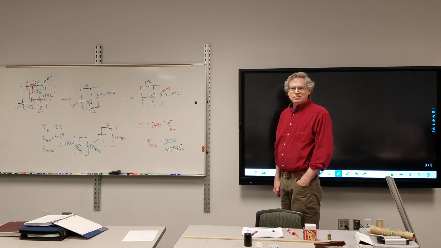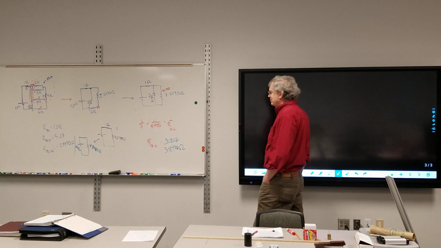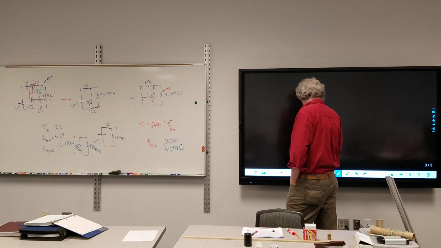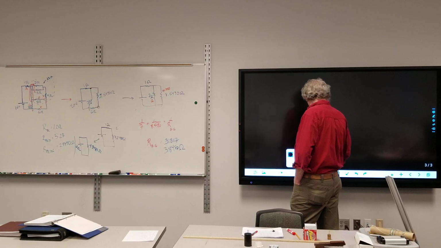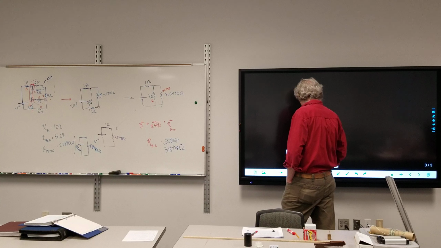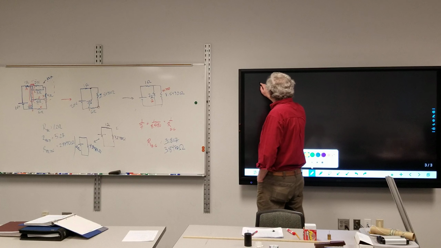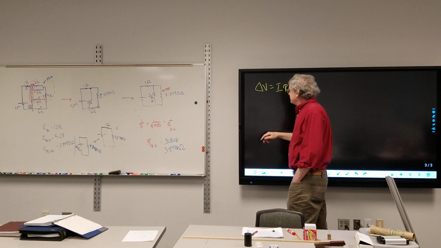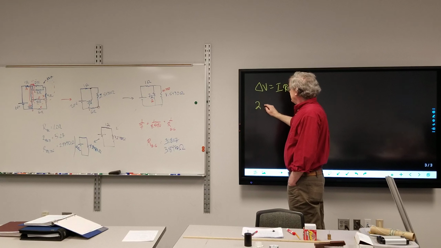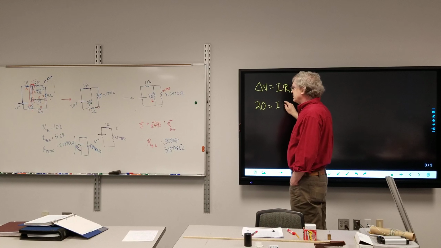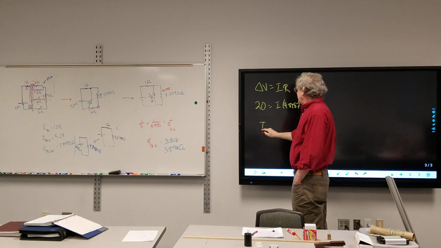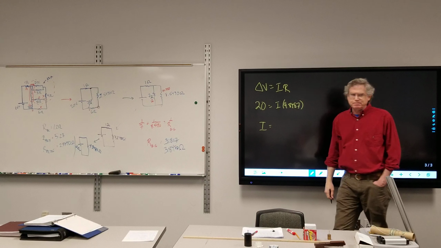Voltage equals current times resistance. Yeah. So voltage is the current times the resistance. And so we have 20 is equal to I times 4.8487. So what is the current flowing out of the power supply?